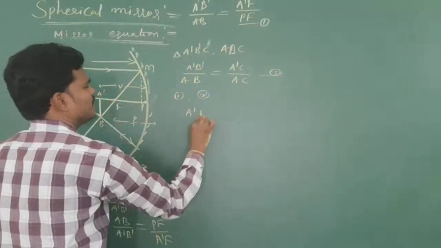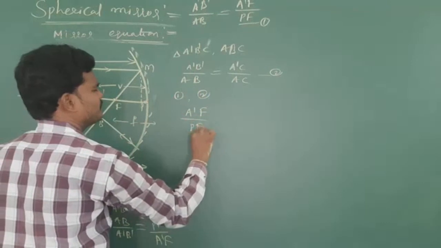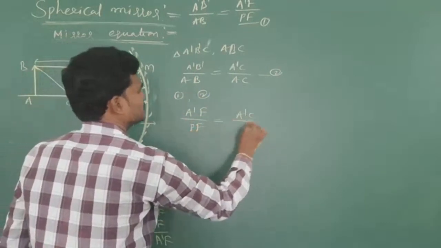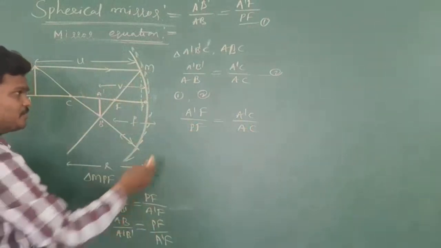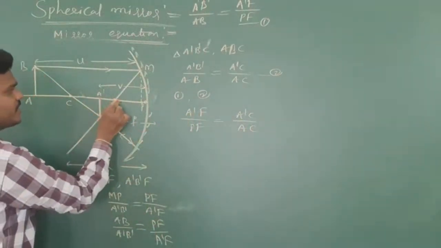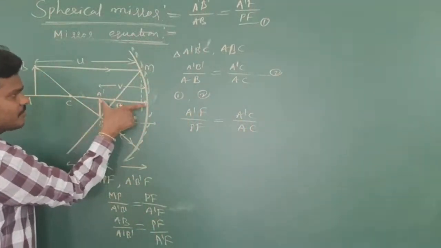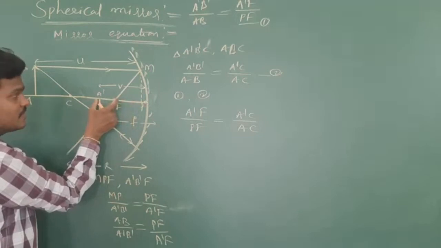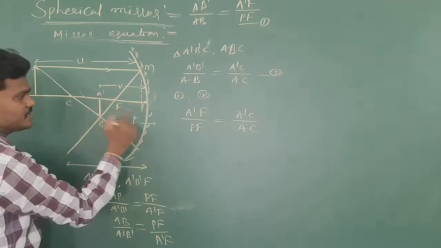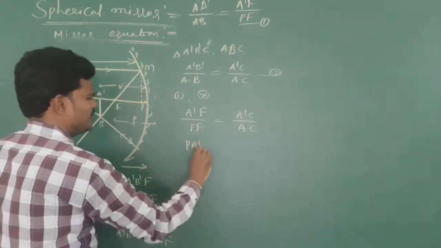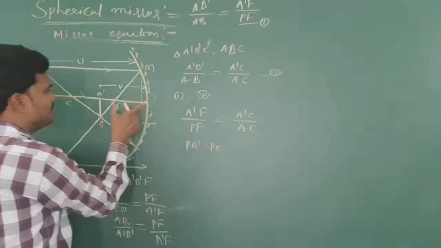So A dash F by PF equals A dash C by AC. Use sign convention values. A dash F is this much, okay. A dash F is PA dash minus PF.